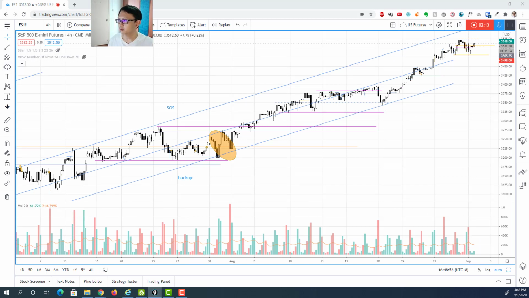If we compare to the previous reactions from this prior uptrend, we have this reaction, this reaction, this, and this reaction. So do you notice anything special? I'm sure by now you probably spotted that this is by far the largest reaction, or the largest down wave, that we have ever seen from this uptrend.